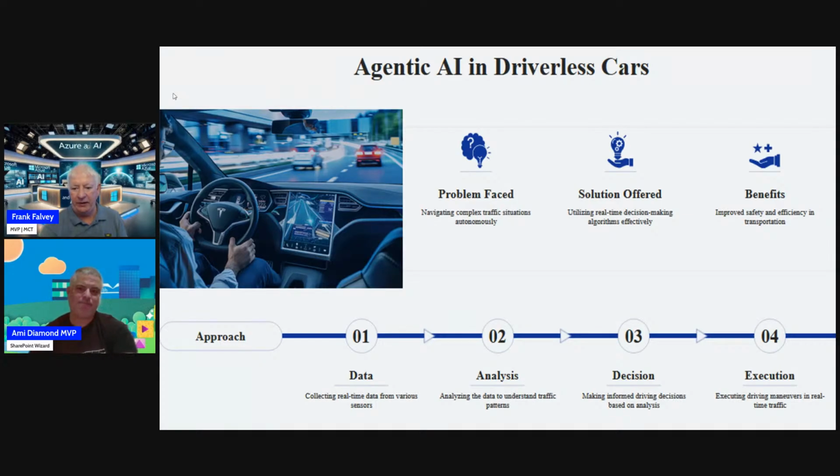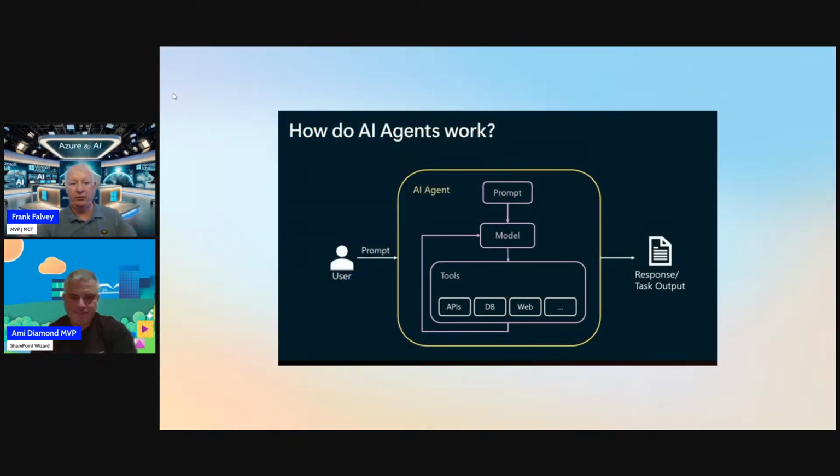So I'll just move on to the next slide. This is just to give you a rough idea what an agent actually looks like. We all know the user has to put in a prompt to get information out. You can see the top one is the prompt, and then you've got a model. You hear these LLMs, and a lot of people are working on SLMs, small language models, to cut down on the amount of data they're processing, cutting down on the compute, how much they're going to get charged for using VMs.